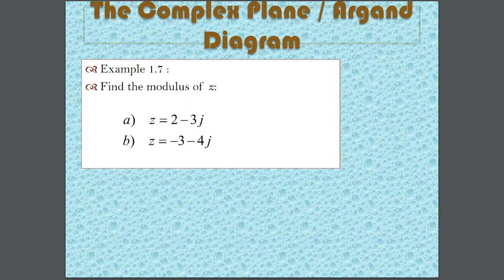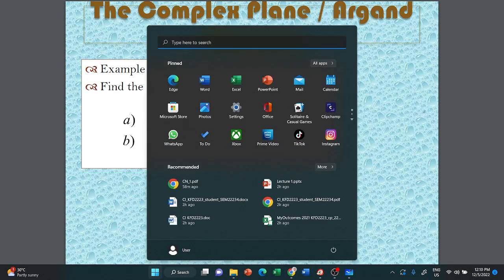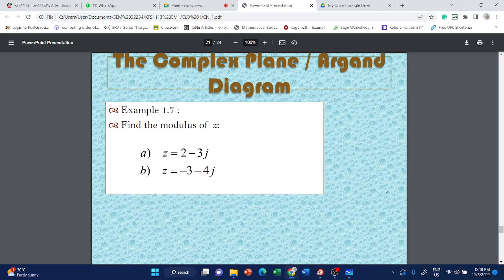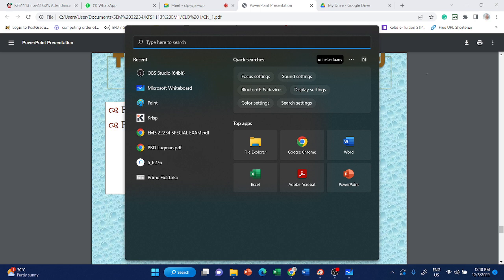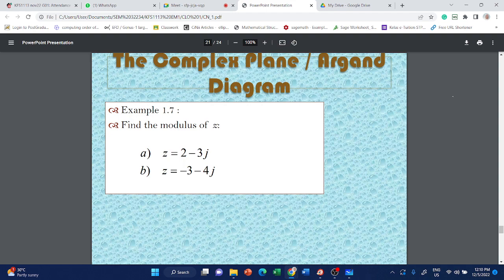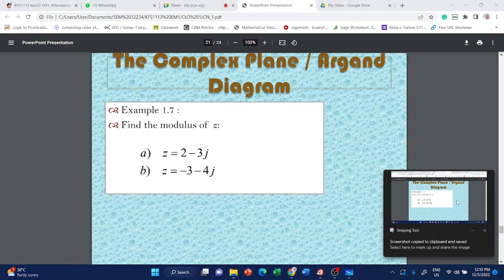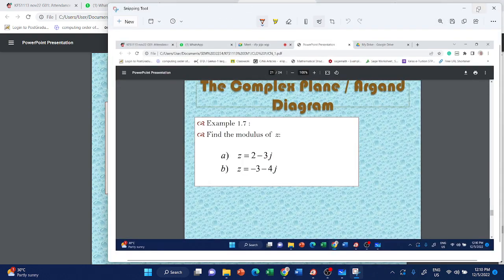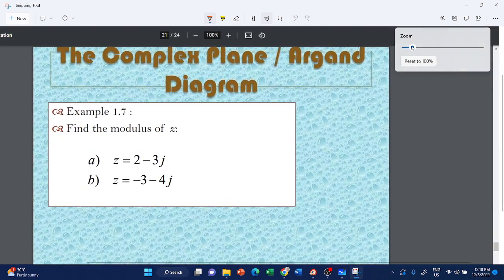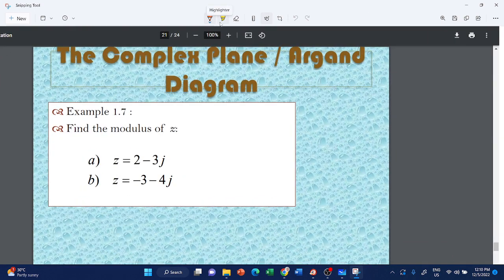Okay, let's see this example 1.7. Find the modulus of Z. So modulus of Z tadi is equal to find R. Okay, find R. Okay, find modulus of Z for question A. So this here.